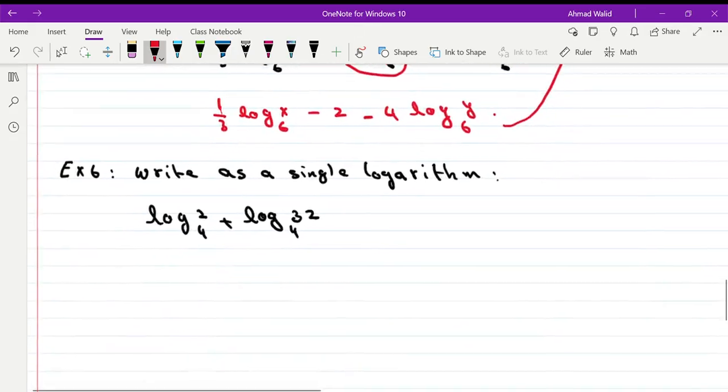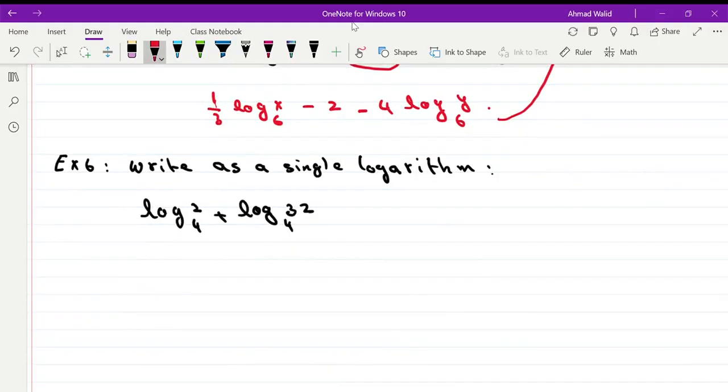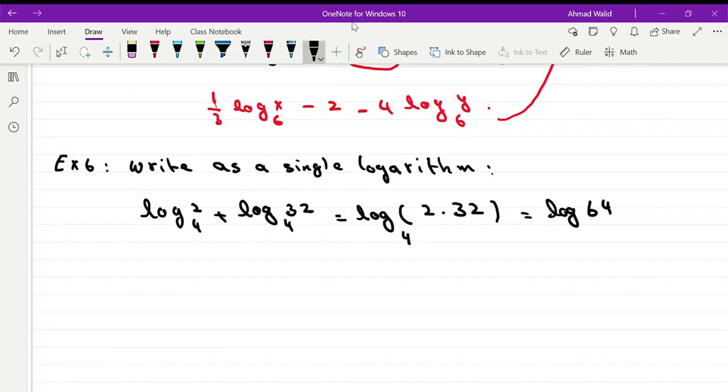Now, look here. I have addition. Addition, I can change to a product as one single logarithm, right? Then I will write one log, I'll open a parenthesis, 2 times 32, and one of the bases, which is 4, which gives me log of 64 base 4.